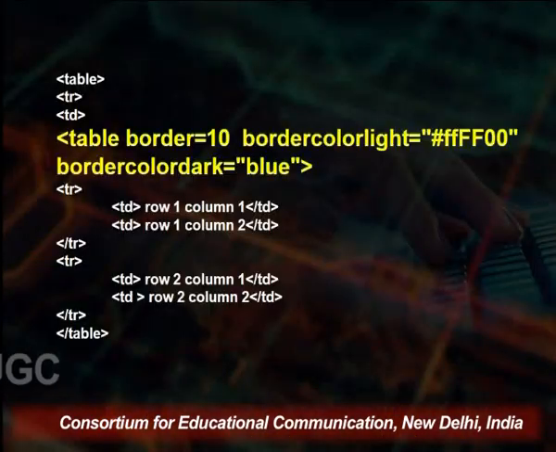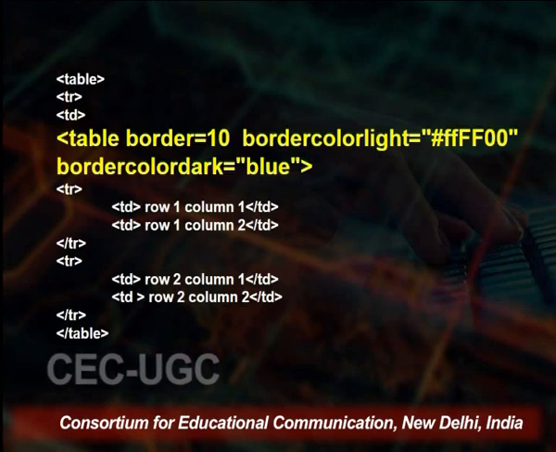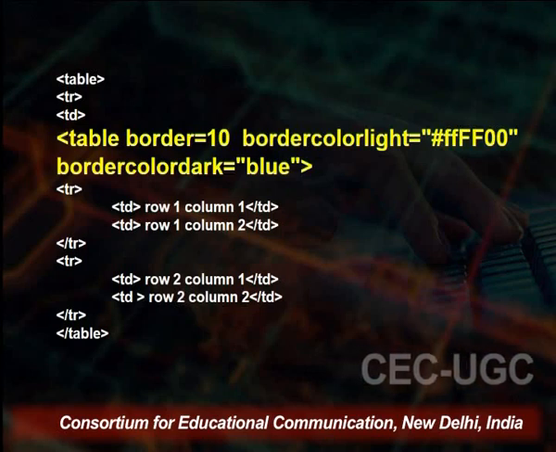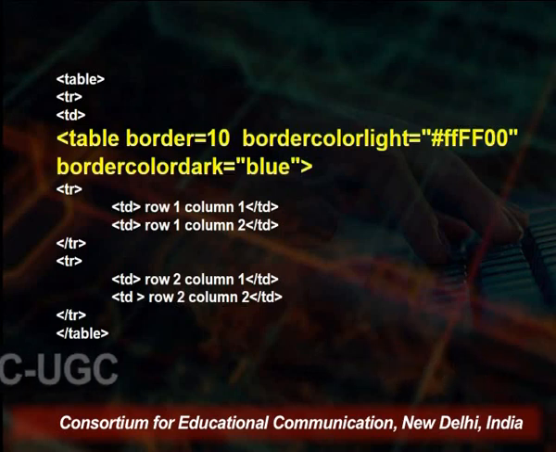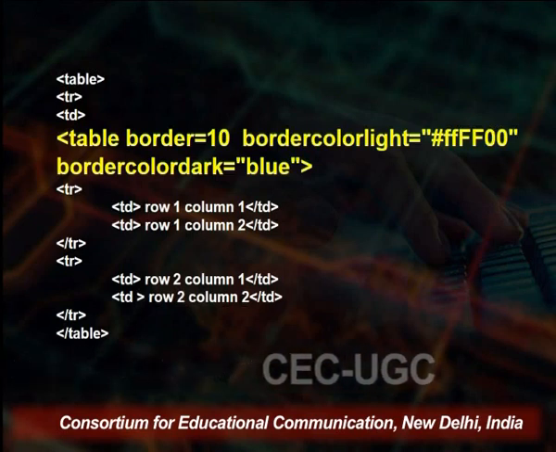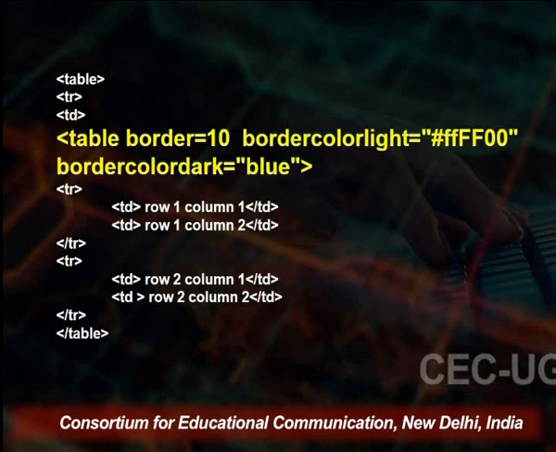So the first attribute is border color light, and another attribute is border color dark. So border color light is used for the top and the right margin. The color will be assigned to the top and the right margin, and border color dark will be assigned to the left and the bottom side border of the table.